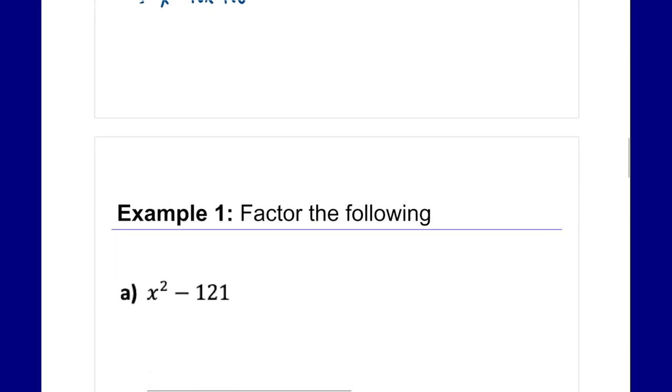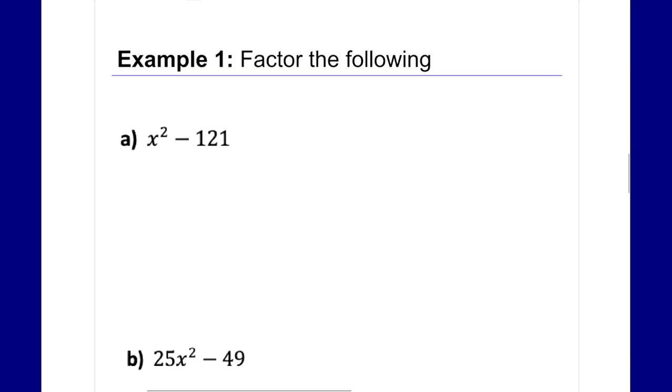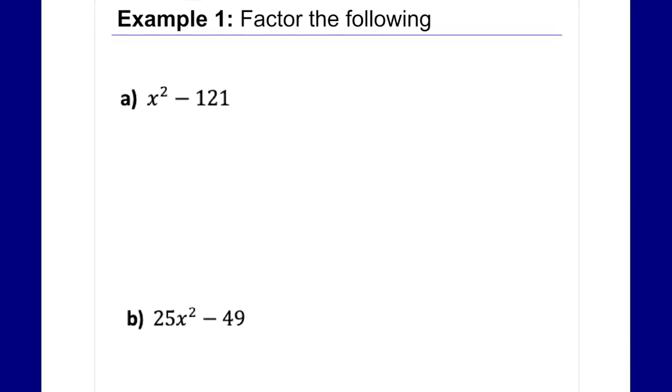So similar to that, we're going to go through and factor the following. We're going to look at two different forms, and we're going to try to see if we can come up with some shortcuts to help us out. If I want to factor the first expression, x squared minus 121, if I do it the old way, looking for the product and sum, I'm looking for two numbers that multiply to negative 121, because this would be our a, this would be our c, and our b value isn't there.